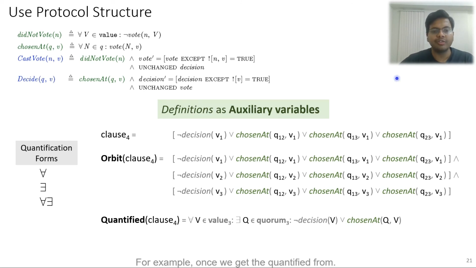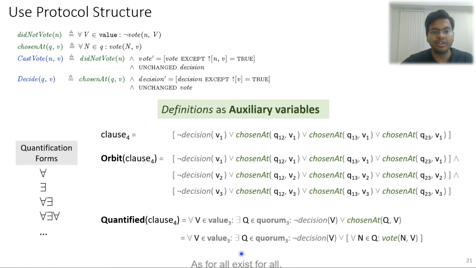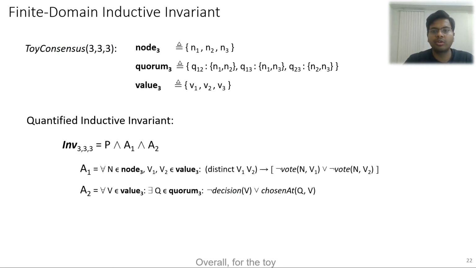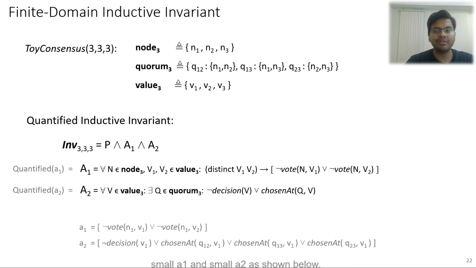For example, once we get the quantified form, we can substitute the definition of chosen at here to get an overall quantified form as for all exist for all. Overall, for the toy consensus 333 finite instance, we get a quantified inductive invariant with two strengthening assertions A1 and A2 inferred from the clauses small a1 and small a2 as shown below.